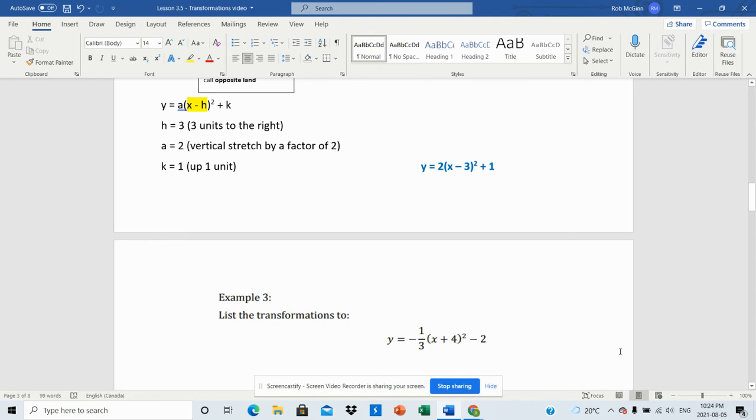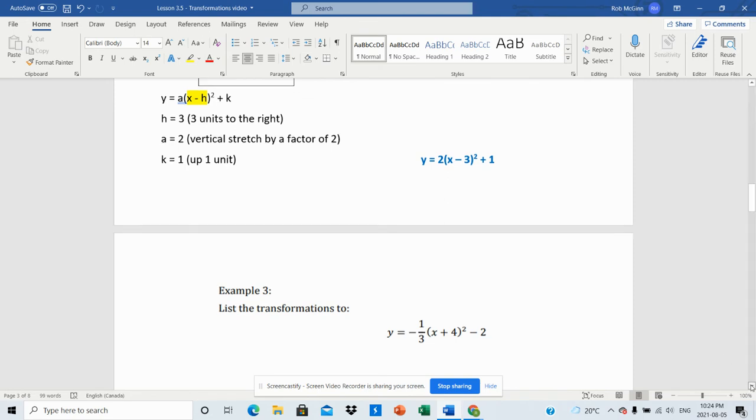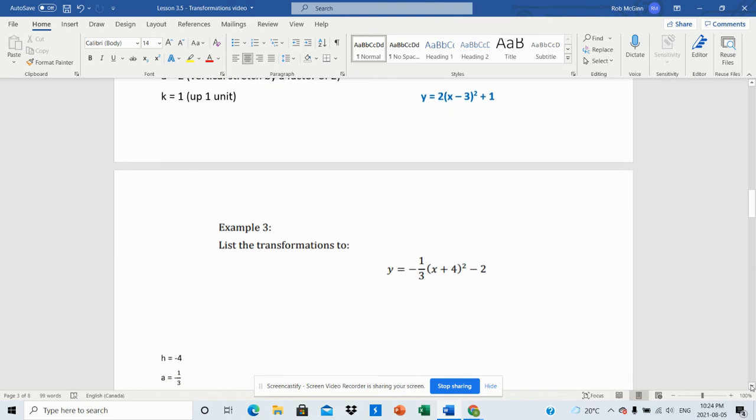All right. So if we think back to our steps, the first thing we want to do is our horizontal translation, which is H. H is negative 4. So what that means is we're actually going to translate 4 units to the left. So H is minus 4. I also kind of like to put in what I know here, break it down.